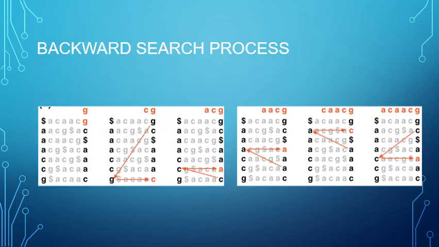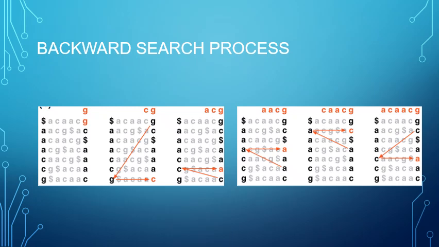Okay, this is how the backward search process works. Usually we will use this in order to reconstruct our sequence in full. So first we will start from the first character in our last column.